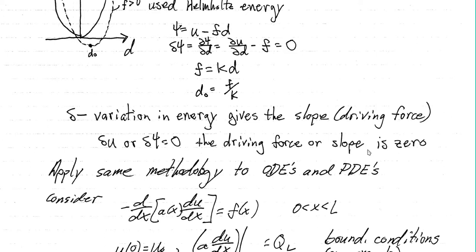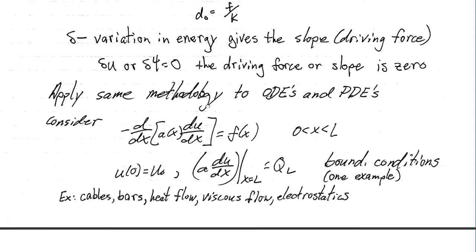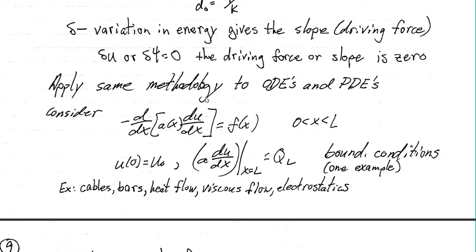So it turns out that if you go through this process, and in more complicated problems we'll get into later, if you take the variation in energy, you will get an ordinary differential equation or a set of partial differential equations. Okay, we're going to jump straight to this ODE here.